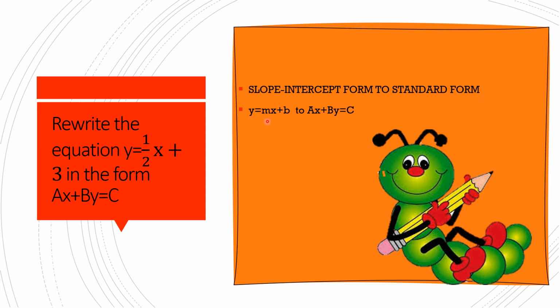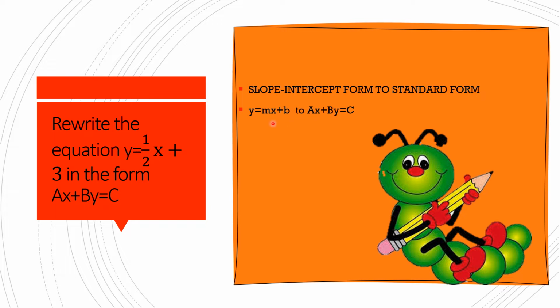So, that is y equals mx plus b to ax plus by equals c. So, from slope-intercept form to standard form, ang atuang standard form, ang mga terms nga naay x ug y naa sa left side, but in the slope-intercept form, ang naa sa left side is only ang y.